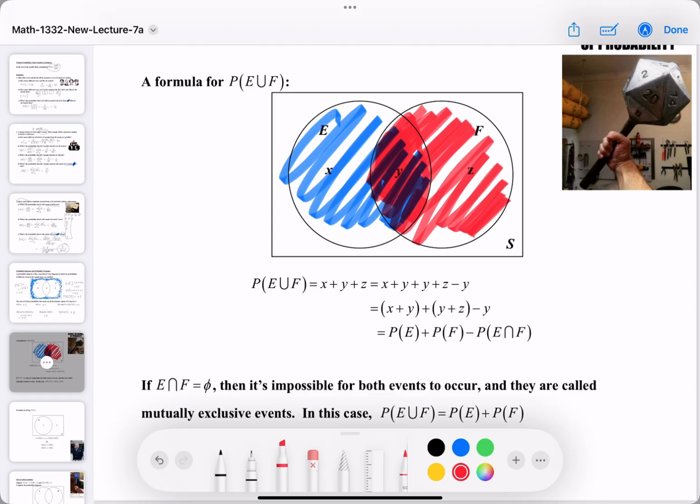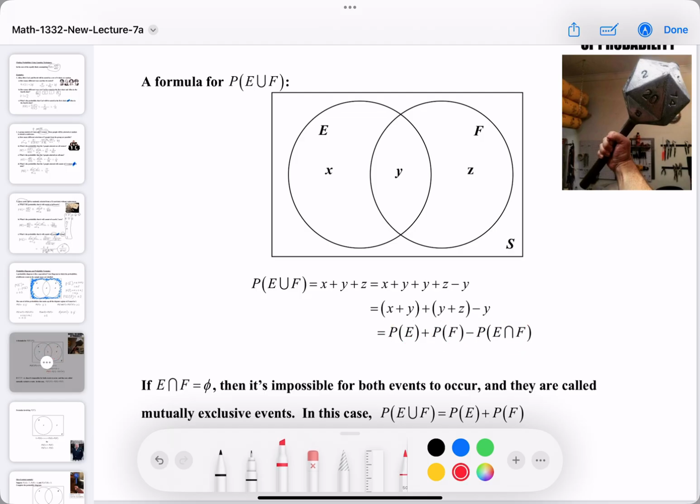So in the Y part, if I'm adding the P of E and P of F together, I have added the overlapped area twice. So I need to take away one time of the P of E and F, the overlapped or the intersection area.